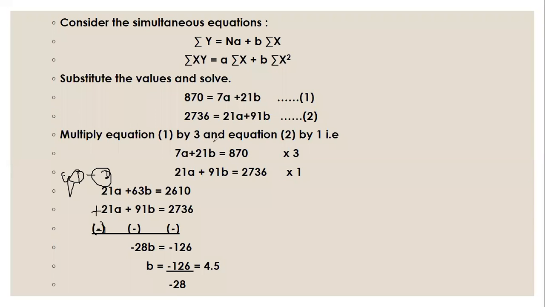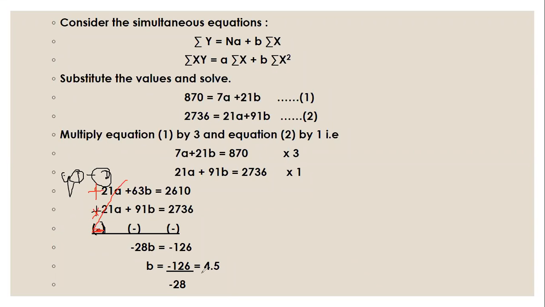Now, if you see here, I have plus 21A and minus 21A. You cannot consider this plus sign because I just told you we have changed the signs. Correct? So plus 21A minus 21A, I can cancel them.